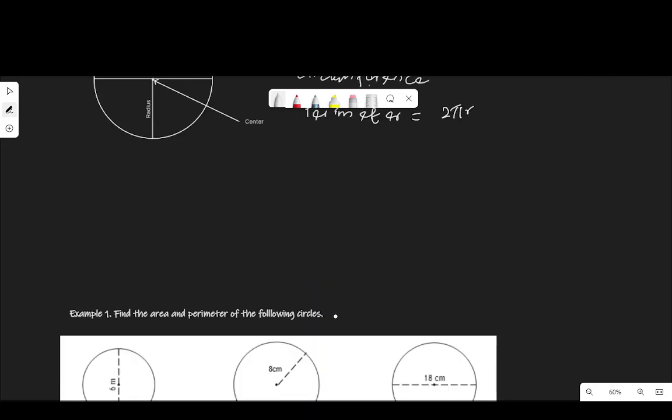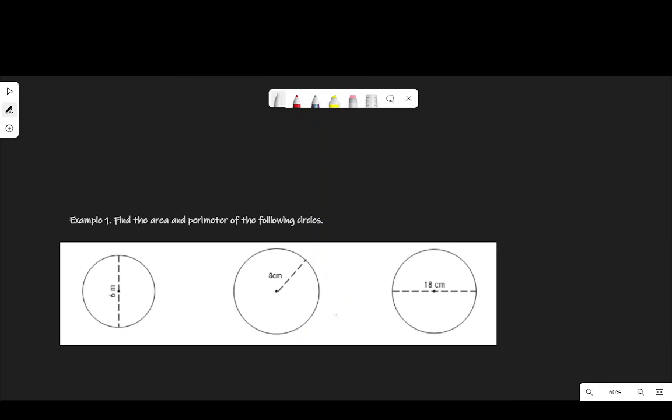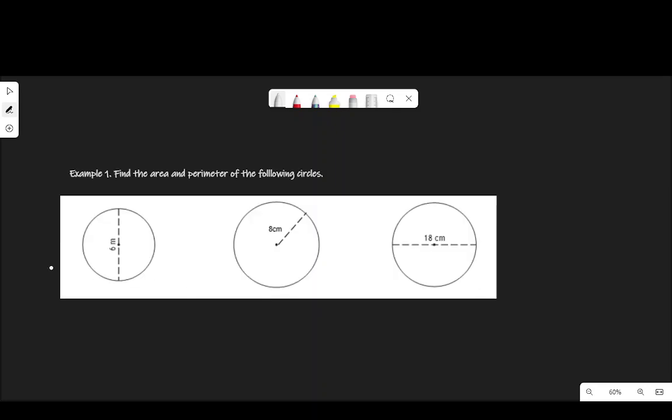Let's use that knowledge to solve some problems. Problem number 1 says, find the area and perimeter of the following circle. Let me label the circle A, B, and C. Okay, starting with the area. The area, let's call it A, is equal to pi r squared.